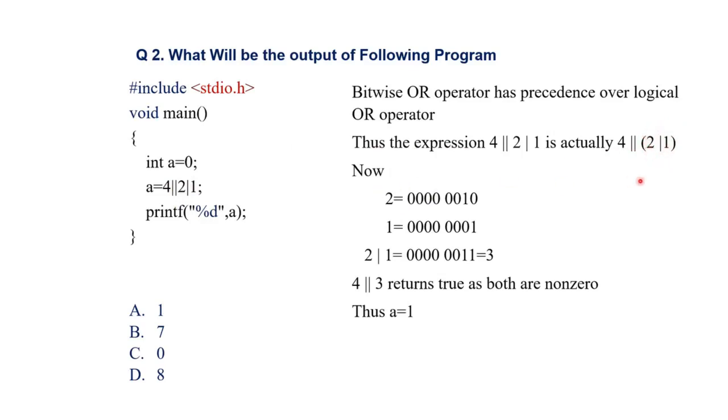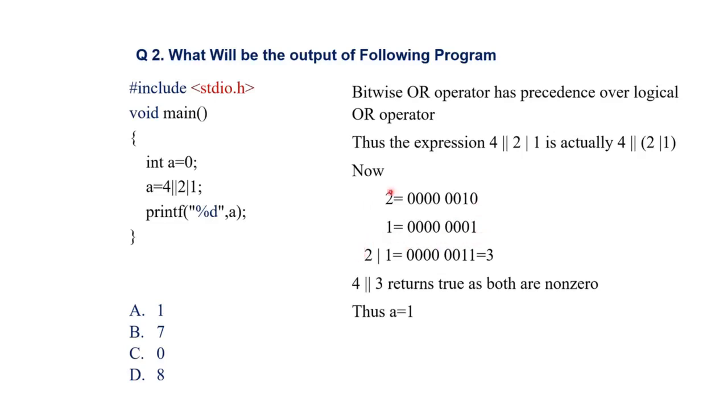Let us see how this 2 OR 1 will be calculated. We know that 2 is represented in binary format like this: 0 0 0 0 0 0 1 0. Similarly, 1 is represented in binary format like this.